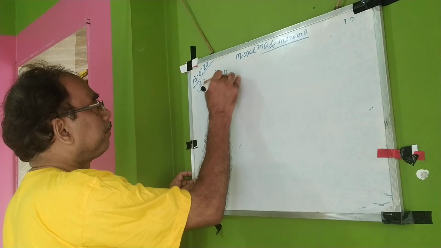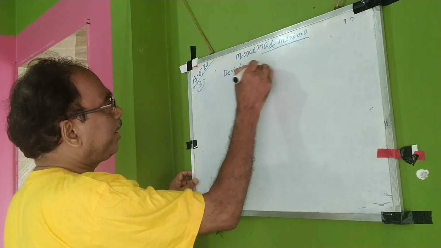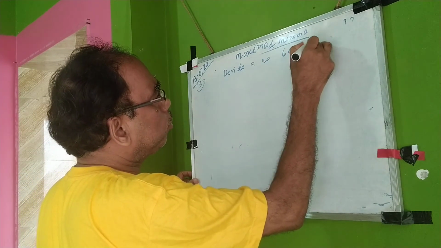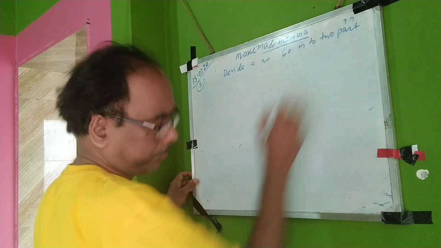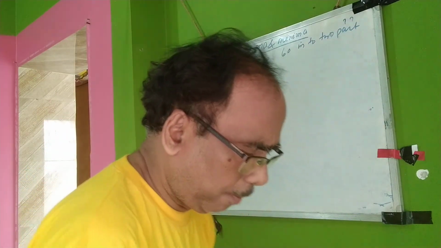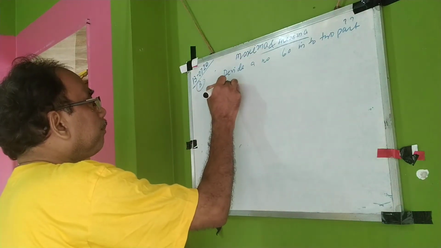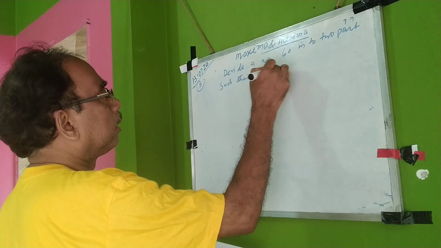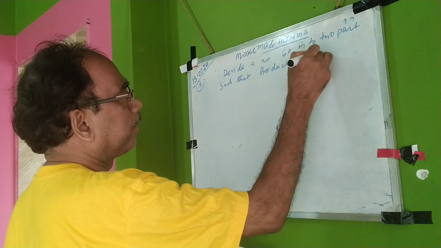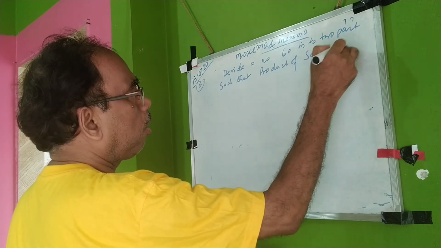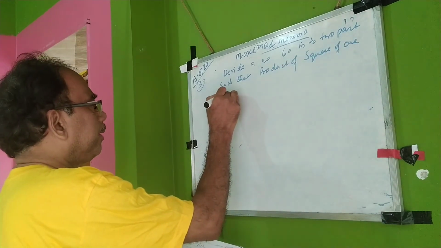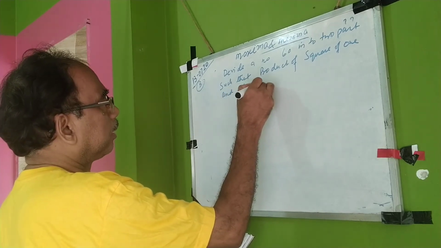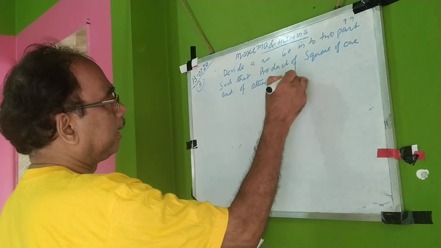Divide a number 60 into 2 parts such that the product of the square of one and the other part is maximum.